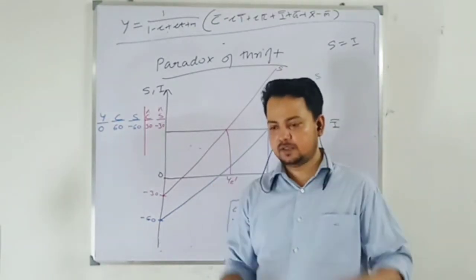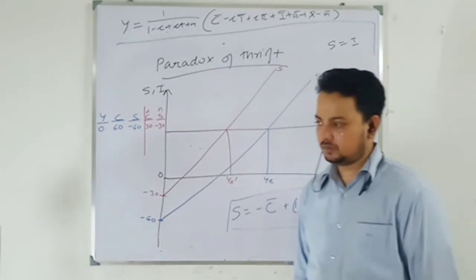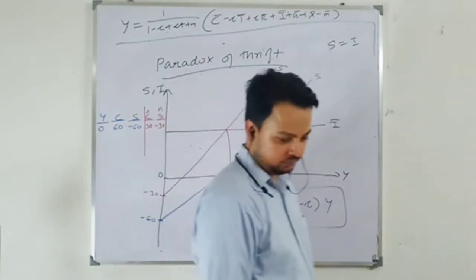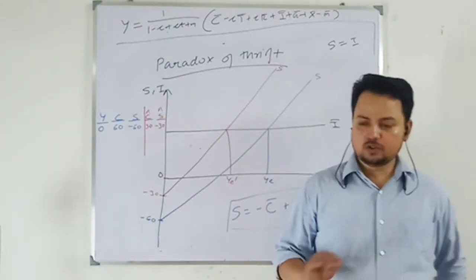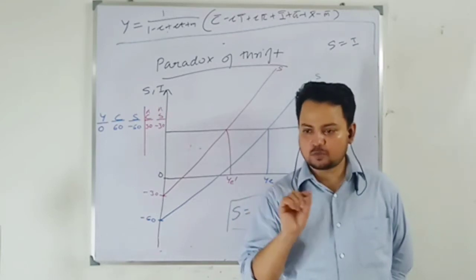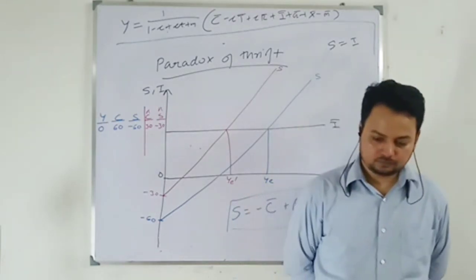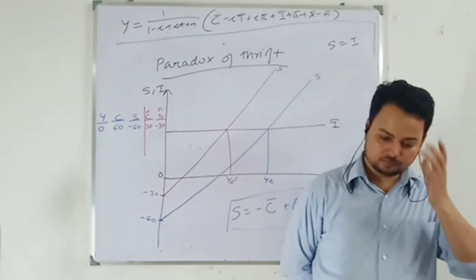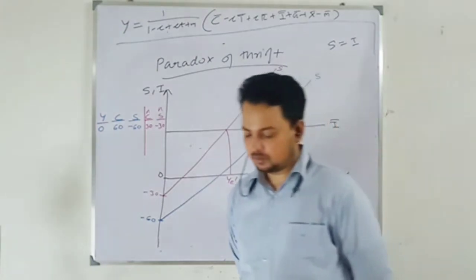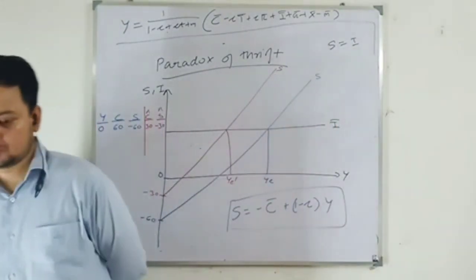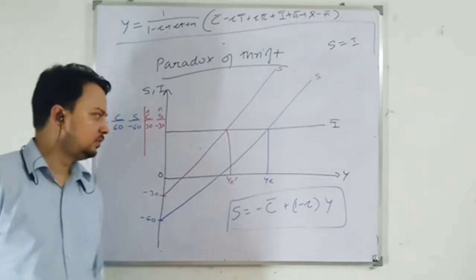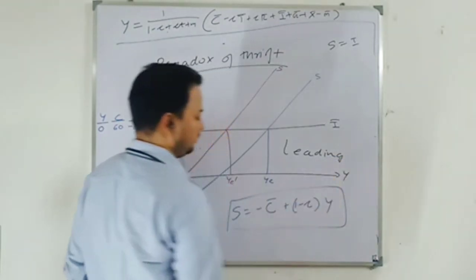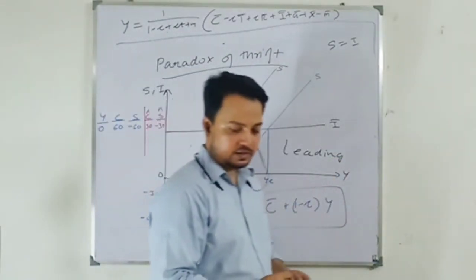The increase in saving during recession means reduction in consumption, and since consumption is a part of aggregate demand, aggregate demand will fall, leading to a decline in income.